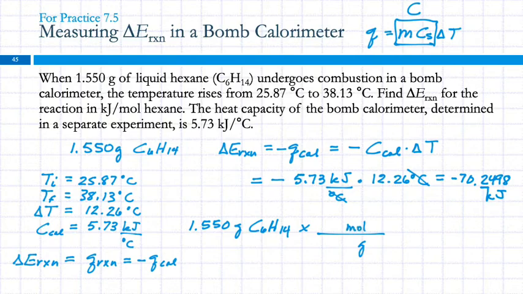Can I interrupt you real quick? Mm-hmm. You mentioned that the reaction is negative, but in this equation right here underneath where it says delta E reaction, you have reaction as positive. Okay, so this is something that's hard to get our minds around. This variable is positive, but the value of it could be positive or negative. And the negative sign here is just saying that this is opposite in sign to the other one. So if Q reaction is negative 5 joules, then Q cal is positive 5 joules.